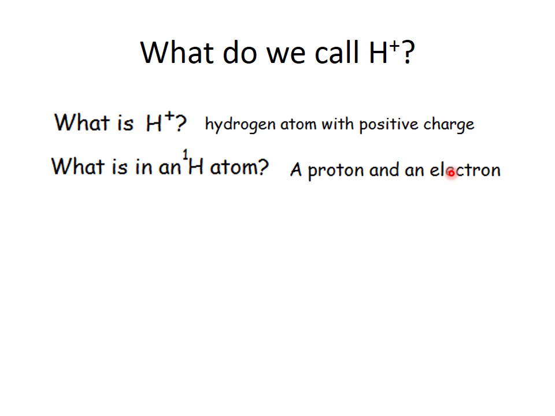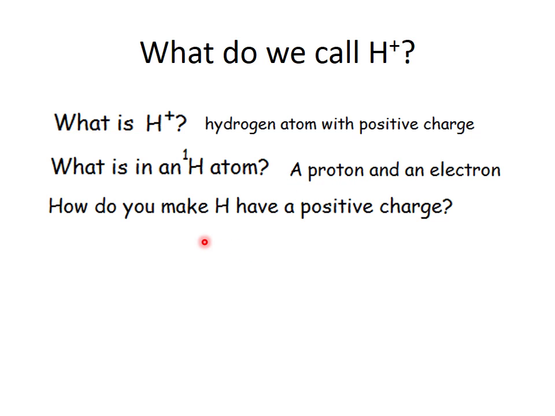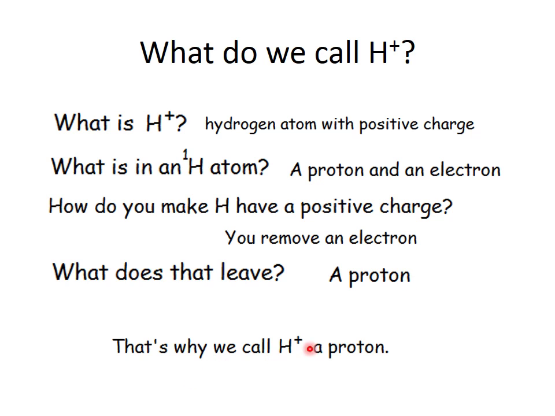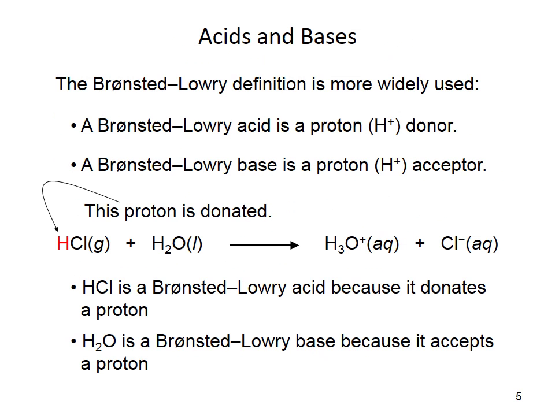In a hydrogen atom you have a proton and an electron. How do you make hydrogen have a positive charge? Well, we remove the electron, right? What does that leave? That leaves a proton. And that is why we call the hydrogen ion a proton. So you're going to hear me saying proton from now on. And what do you think when I say proton? You think this hydrogen ion.